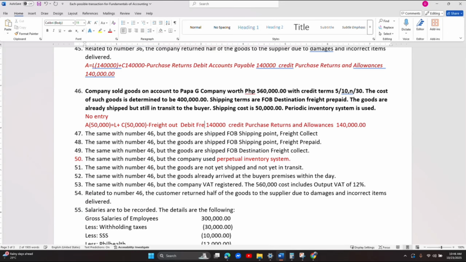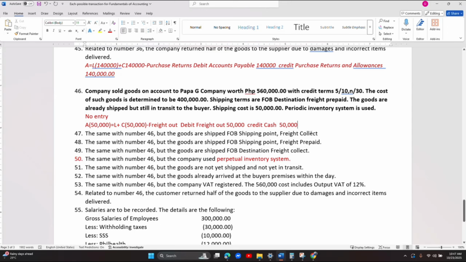Freight out, 50,000. Again, I'd like you to think that this freight out account is an expense. And then the credit is cash, 50,000. That's your analysis for number 46.